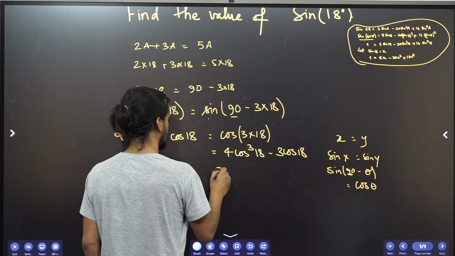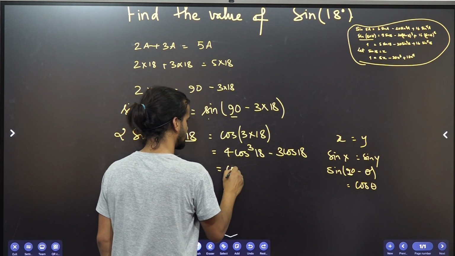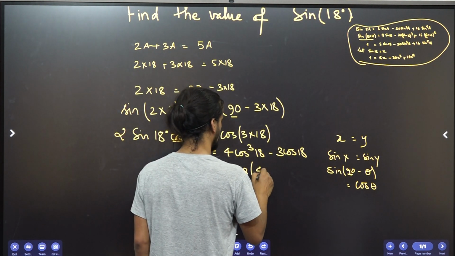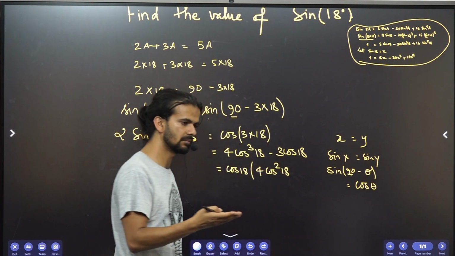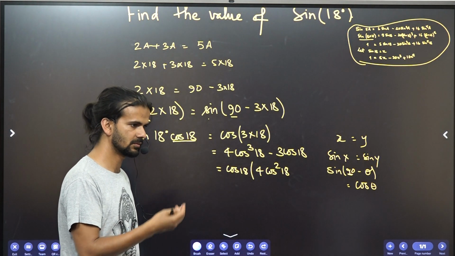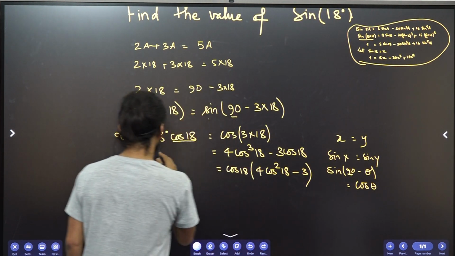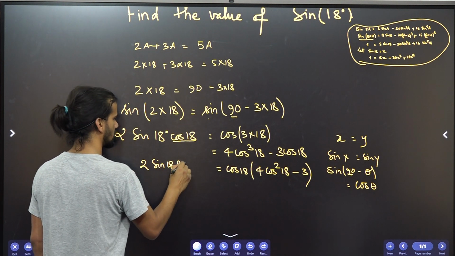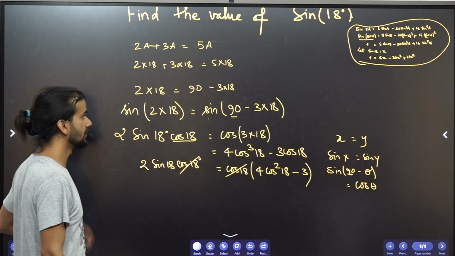Yes, here also cos 18 is here. I can take common, right? I can take 4 cos square 18 minus 3. Here 2 sine 18 cos 18. Cos 18 goes off.